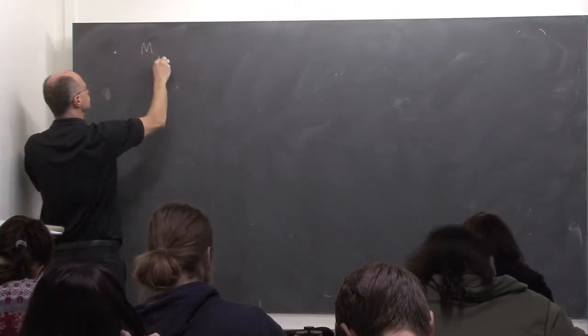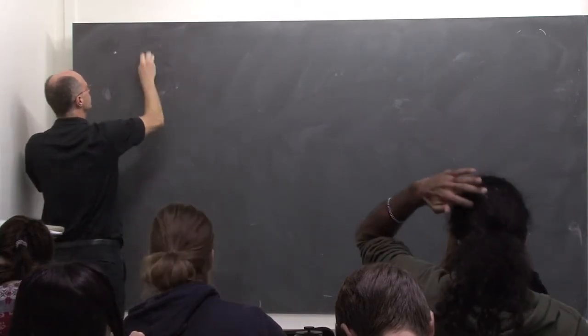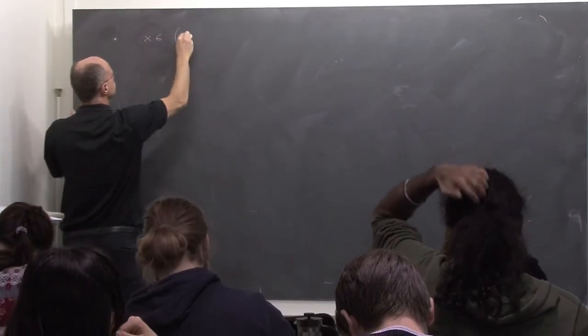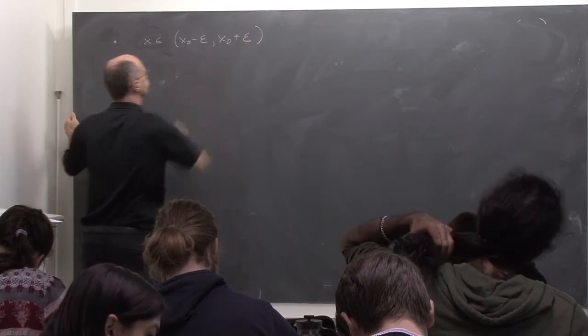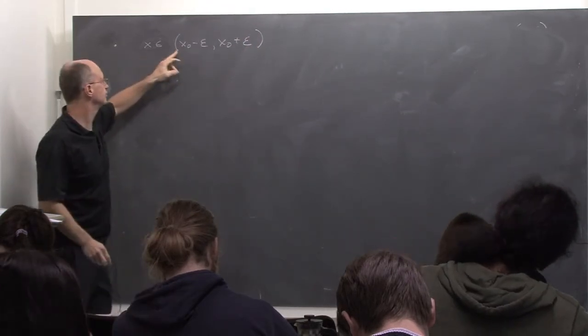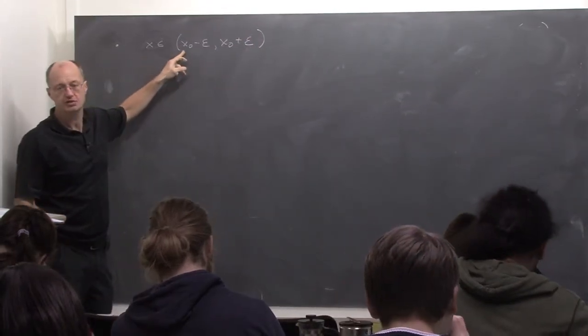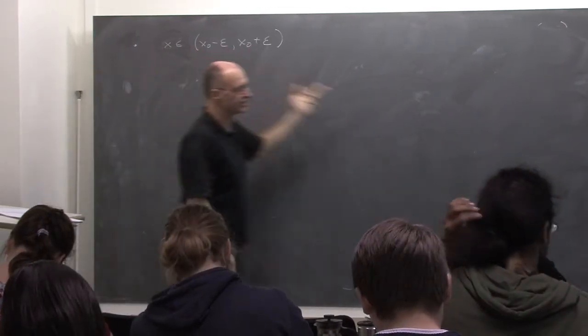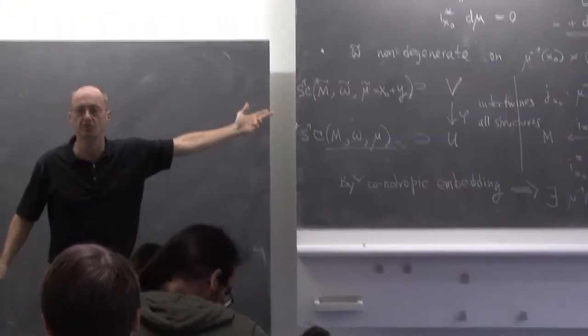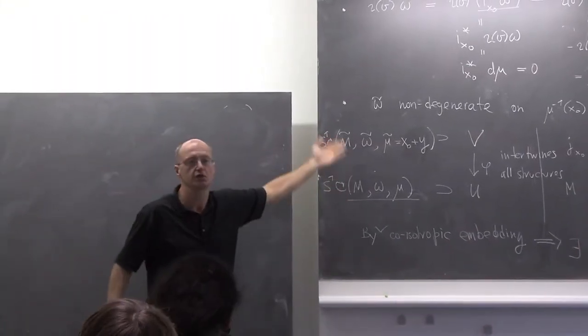So we choose x within some small neighborhood of x0. And now we know what is the small neighborhood of x0. That's the neighborhood where the normal form is valid, because that's our tool to compute things.